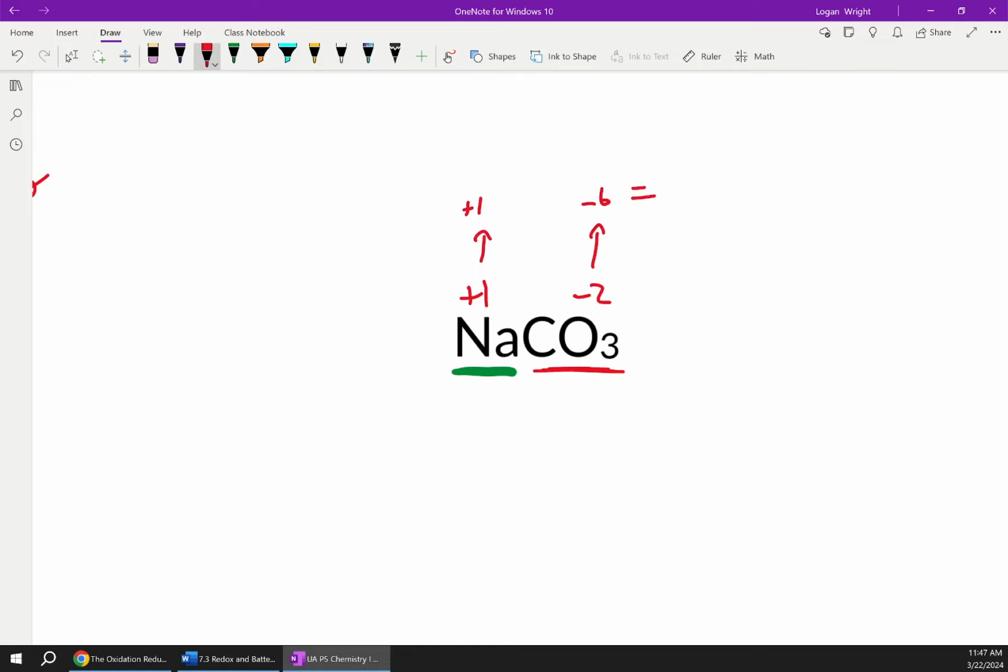Is this total compound neutral? Yes, so it will add to 0. 1 minus 6 plus what equals 0? So plus 5 goes right here. And so this would be a positive 5. Yep.